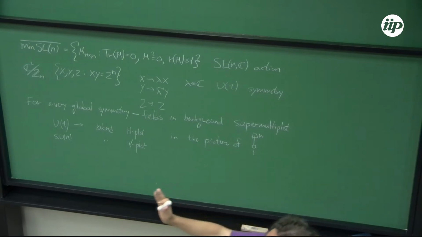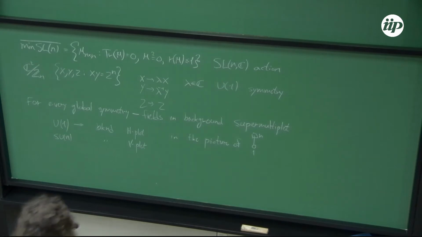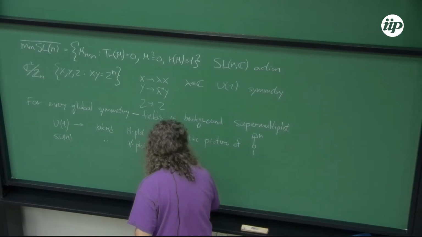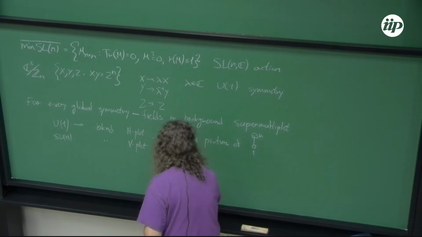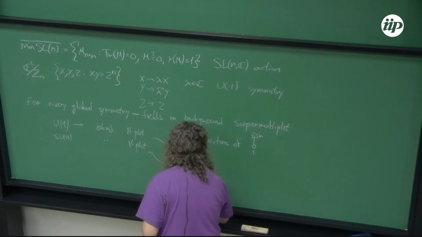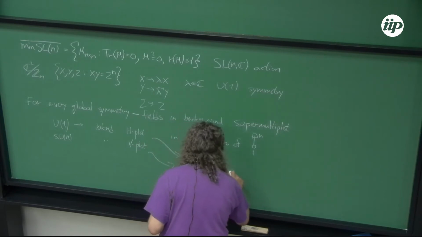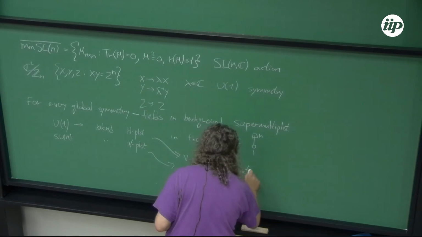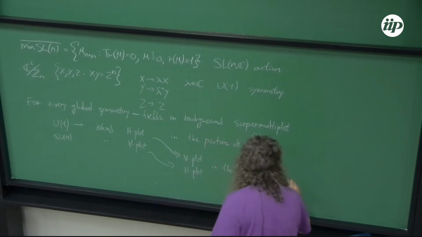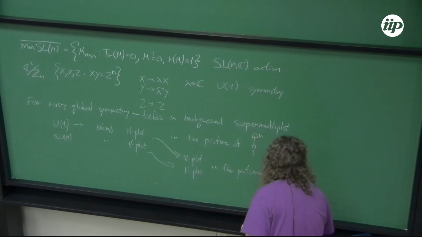It's in the first quiver. But on the other hand, if I write the other quiver, those roles will get exchanged. So the hypermultiplet will become the vector multiplet, and the vector multiplet will become the hypermultiplet in the picture of the other quiver.